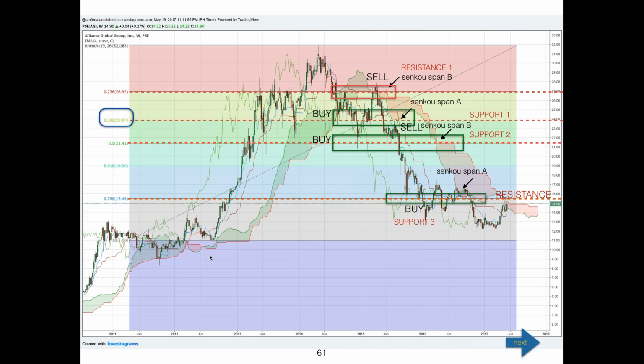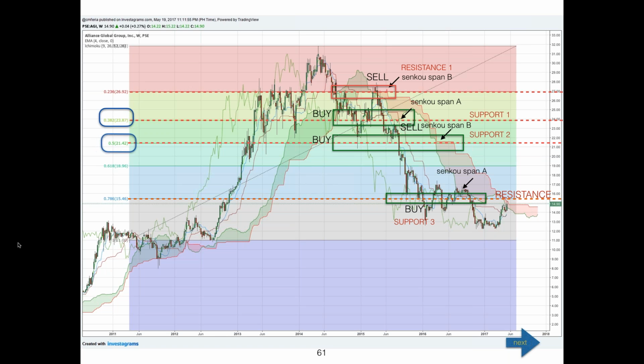So we find in this chart levels of support and resistances as offered by confluences between Ichimoku and Fibonacci. Confluences just tell you that these levels are going to be strong, either as support or as resistance.